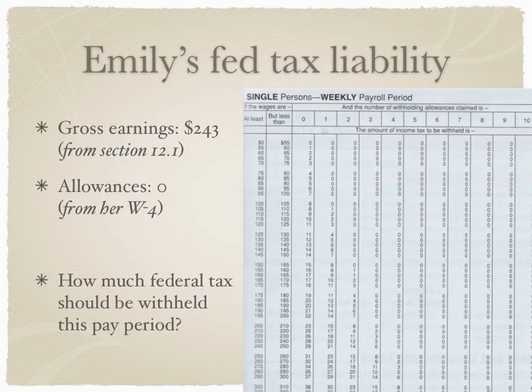So we refer to Emily for calculating her federal tax liability. She has $243 in gross earnings. We settled that in the last video. If you missed it, on her W-4, she had no withholding allowances. So let's figure out how much tax should be withheld this pay period.